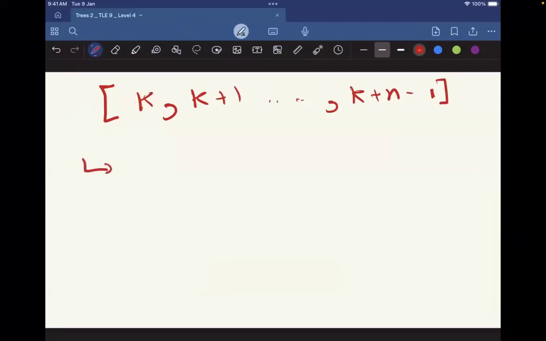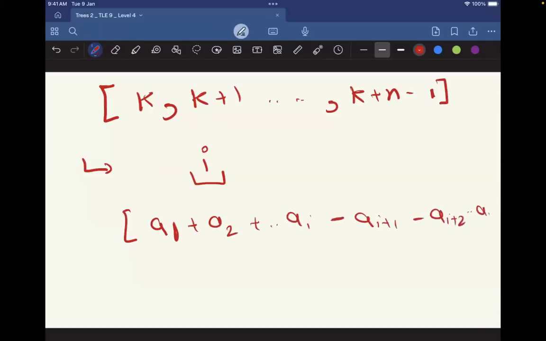We need to find an index I such that the absolute difference of A1 plus A2 up till AI, minus AI plus 1, minus AI plus 2, so on and so forth up to AN, is minimized. Yes or no, guys?